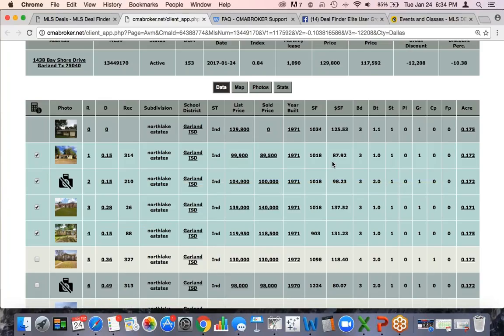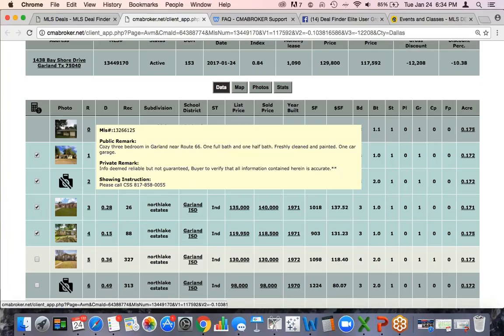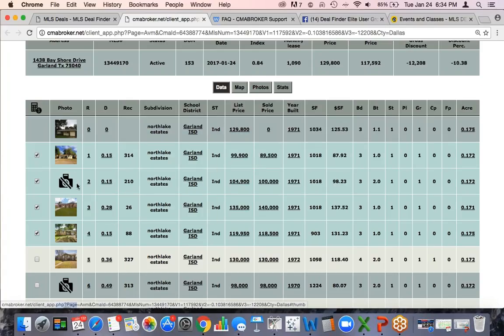If you look into these a little further, you can see the price per square footage is a little bit lower than the rest. These are 130 something, this 125, these are under 100, and these are all in the same subdivision. When you look into it a little further, you can see this is actually more of an investment property, and so is this one that doesn't have pictures.